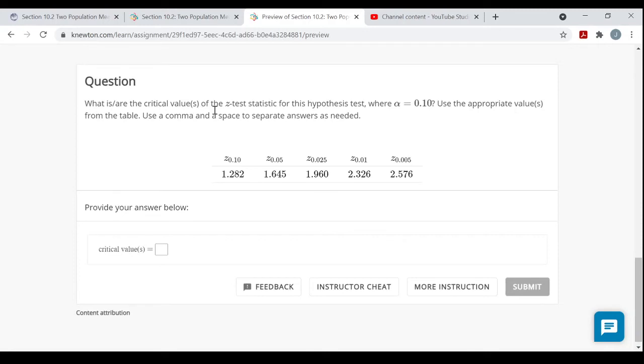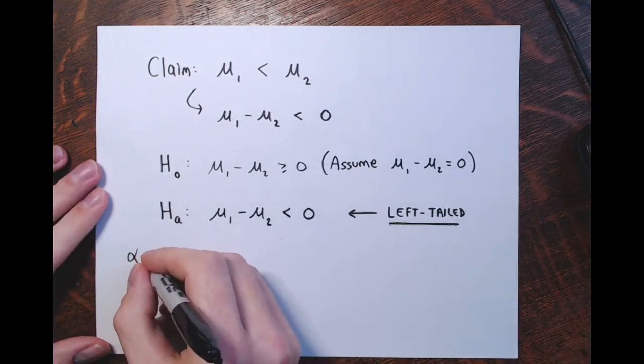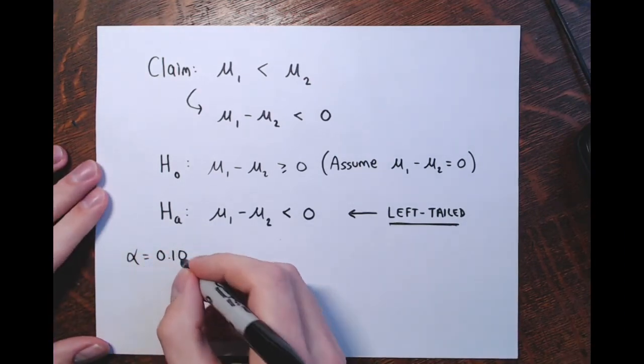What is the critical value of the z-test statistic for the hypothesis test? And again, now they're giving us a significance level here, 10%. And they're asking us to use this table. All right, so remember we're dealing with now alpha. Right, the significance level is 10%.